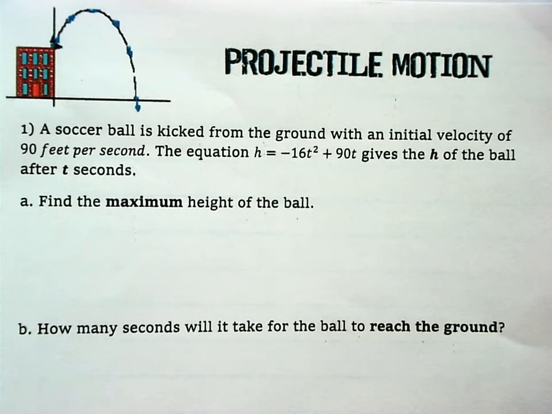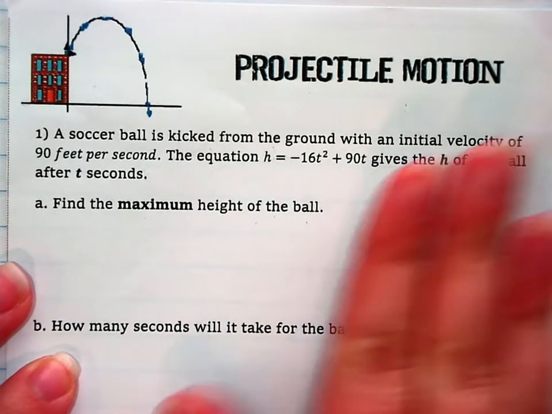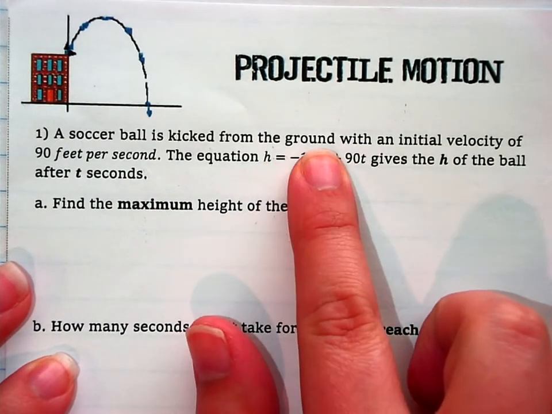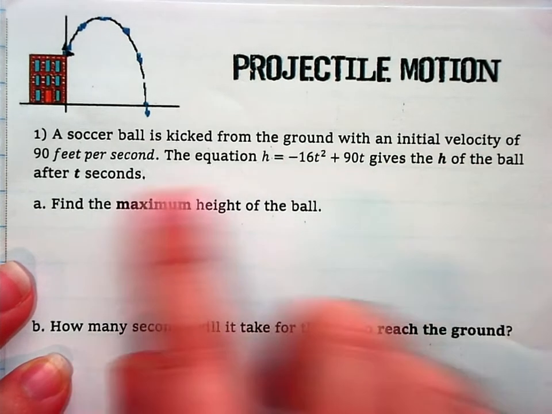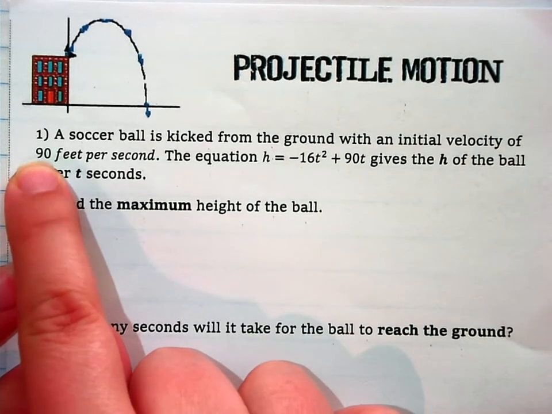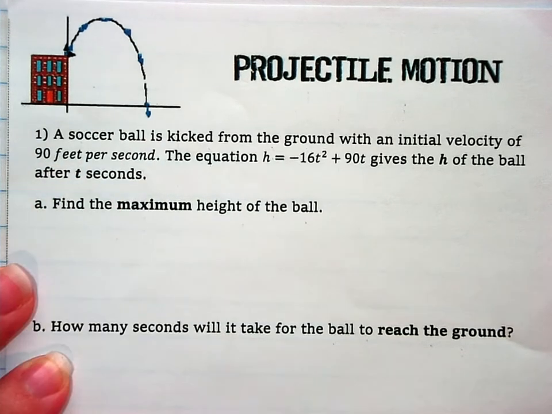It's for those nitpicky, sciencey people who wonder whether it was on the ground or hovering on a table. It's just trying to be very specific that we started at 0, on the ground, and the initial velocity, the first speed it had, was 90 feet per second.